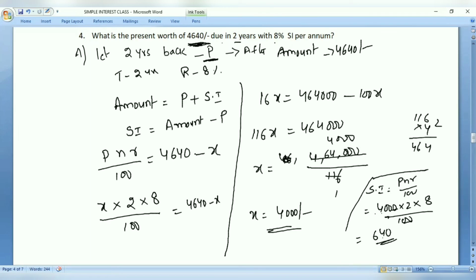So this amount 4,640 after 2 years is given to us. We are supposed to calculate what is the principal 2 years back. So amount equals P plus simple interest is the formula that we know. By using this formula, we have answered this question. Okay. So just go through once and we will move on with the next question.